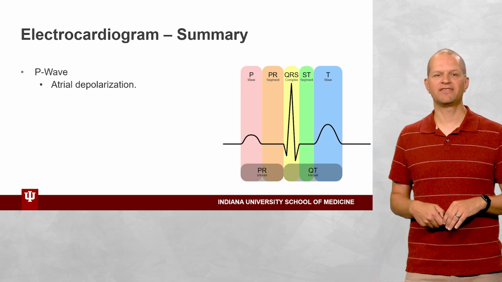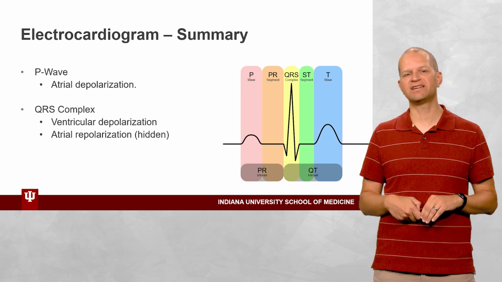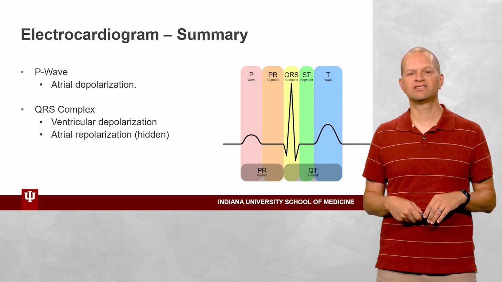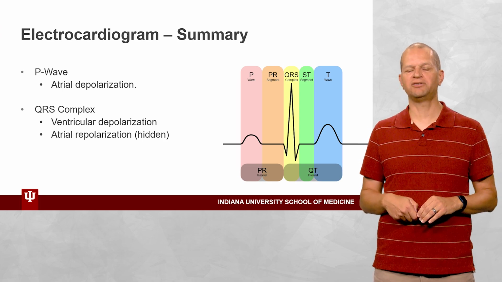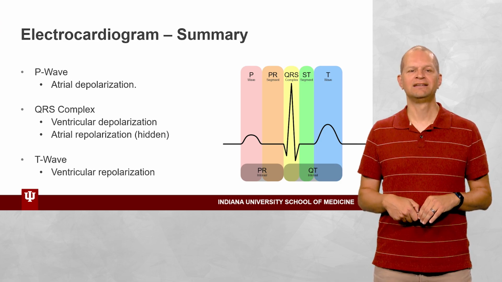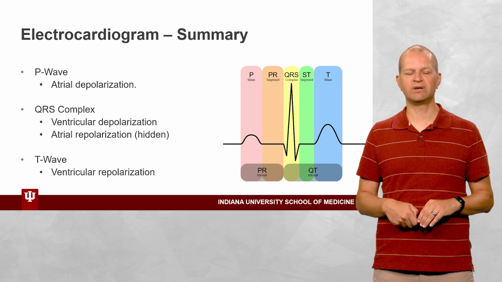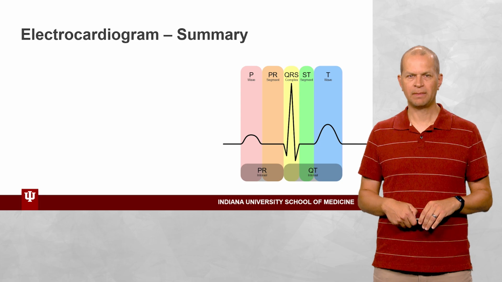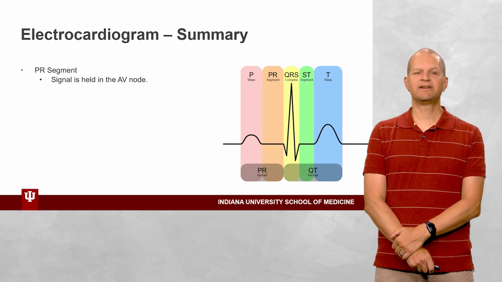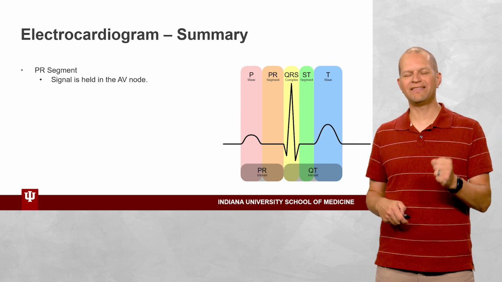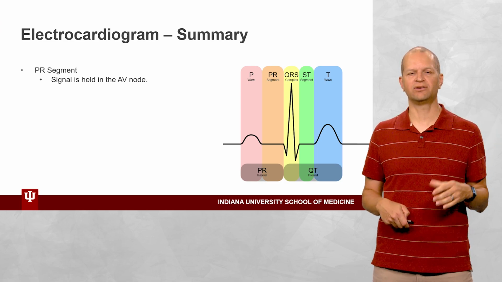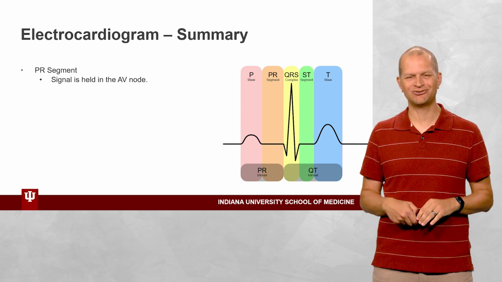So to summarize, you got the P wave, which is atrial depolarization. The QRS complex is where we have ventricular depolarization. Atrial repolarization is also occurring. We just can't see it. The T wave is when ventricular repolarization is occurring. The PR segment is the time that signal is being held by the AV node to allow for ventricular filling or to top off the ventricles.